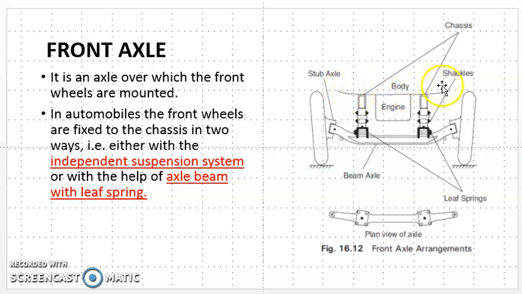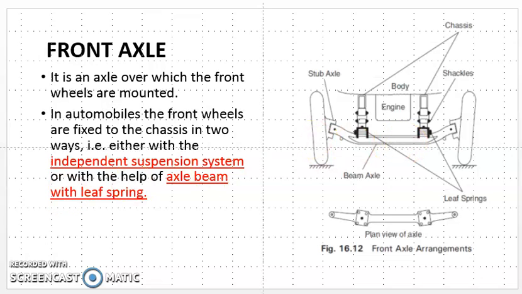And this is the chassis. The chassis is the main part on which the engine and other parts are mounted, and here it is connected with the help of the independent suspension system or axle beam with leaf spring. Two types of connections are possible. The independent suspension spring or leaf spring is used to fix the chassis to the front beam.